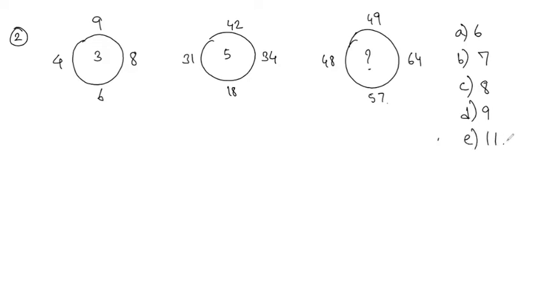Okay, so these are the options. What is the first step? Ma'am, addition. Addition, correct. So we'll find out the addition. 4 plus 6 plus 8 plus 9. Ma'am, 27.